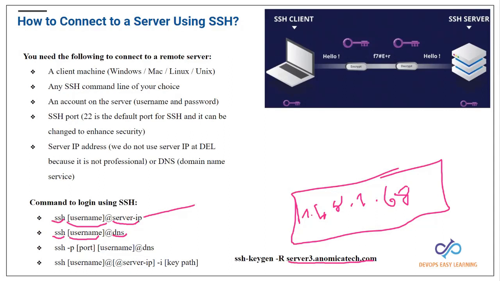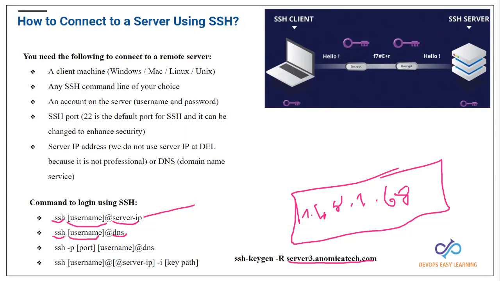That is what we use at DevOps Easy Learning also to connect to our servers. We don't use IP addresses. All our servers, we make sure that we resolve the IP address into a specific domain name so that we can use that to connect. The domain name we use is called anomicatech.com.